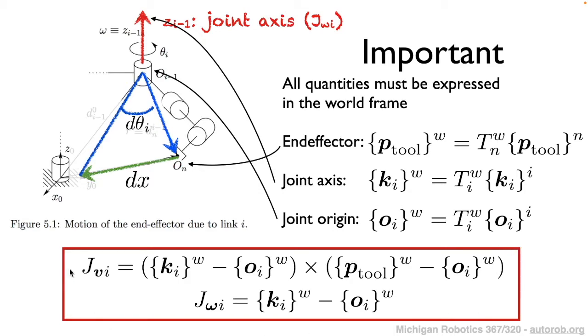So what is shown in the red box here is just a restated version of our column vector for a rotational joint within our Jacobian matrix, simply re-expressed in terms of these transformed variables, just to help connect this description of the Jacobian to our forward kinematics implementation of the transformations from local frame to world coordinate frame.